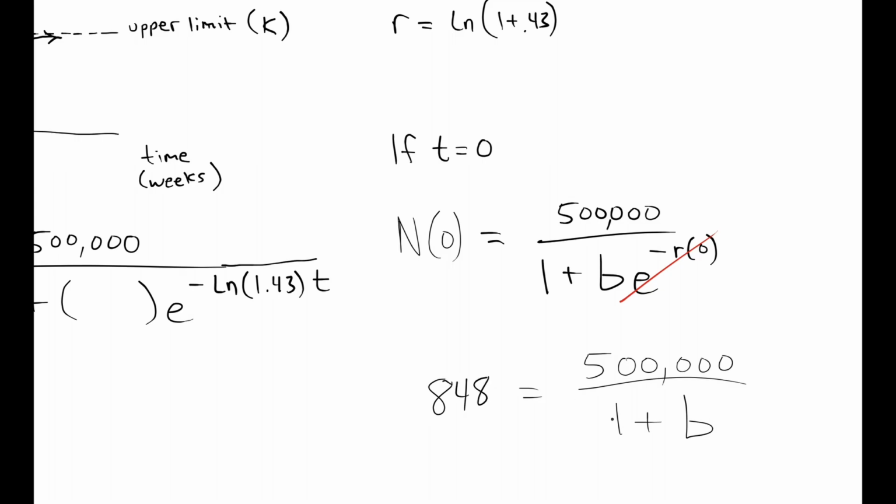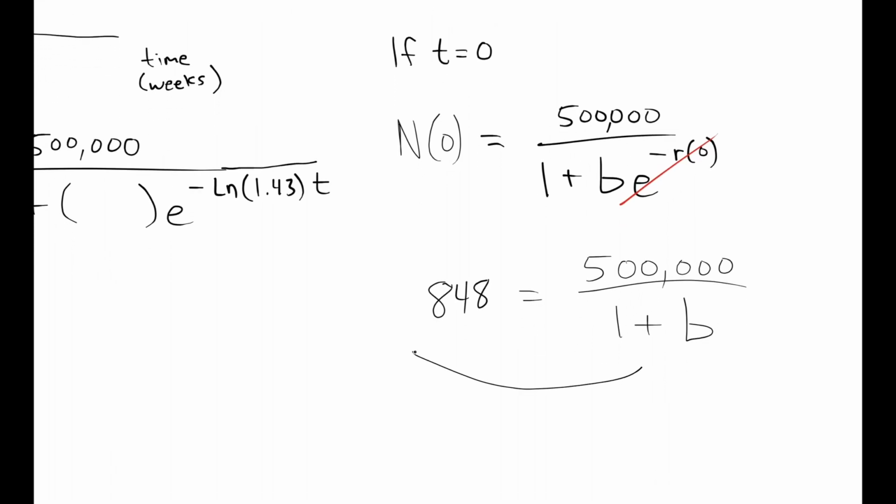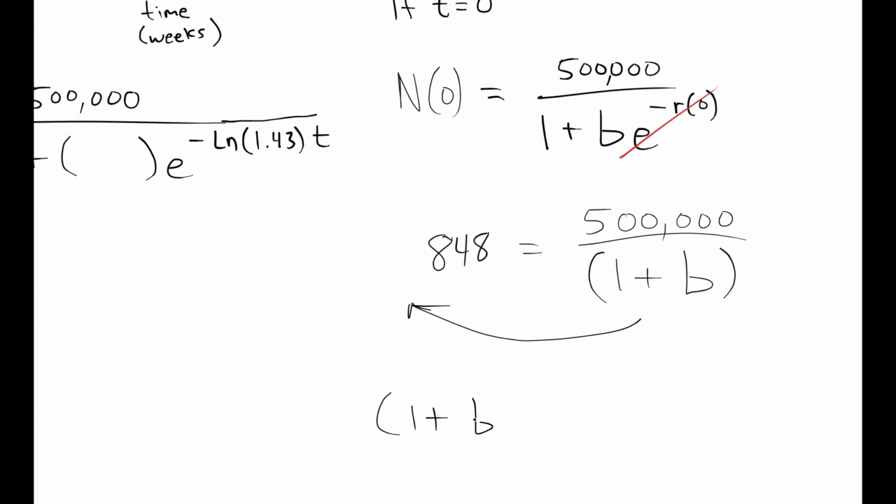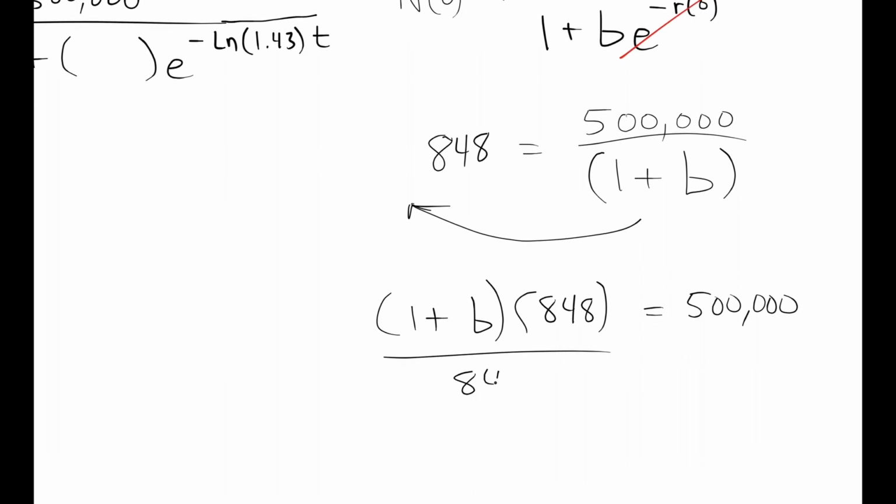So we can now solve for the b value by multiplying this 1 plus b to the other side. So you get 1 plus b times 848 equals 500,000, divided by 848.